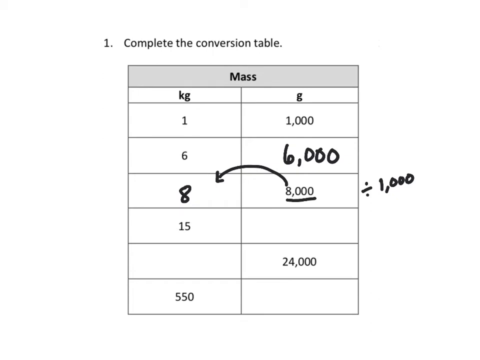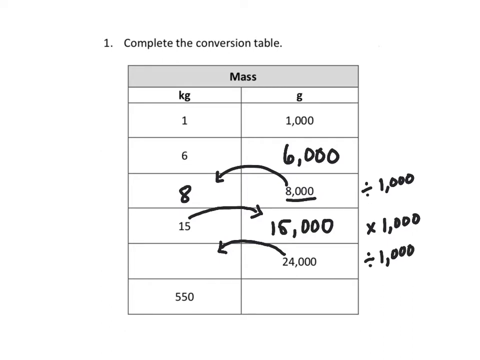kilograms. Now we're taking 15 kilograms and converting them to grams, and we're going to be doing this by multiplying by 1,000. So we have 15,000. Again, we have 24,000, and we're bringing this back to kilograms. And when we bring it back to that larger unit, we are always going to divide by 1,000.